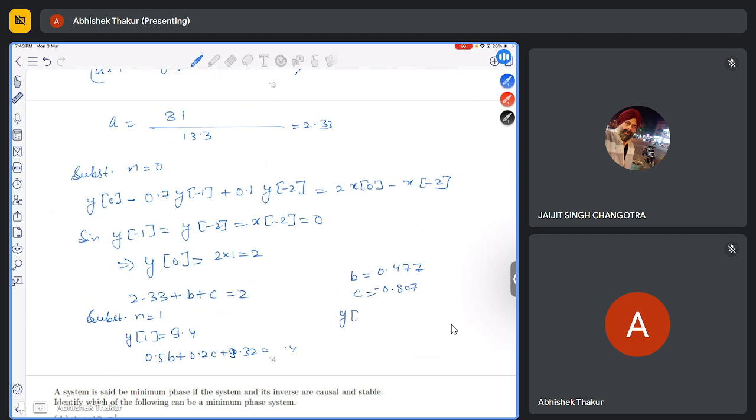So what is our y of n? That was 0.477 into 0.5 to the power of n minus 0.807 into 0.2 to the power of n plus 2.33 into 4 to the power of n, u of n.